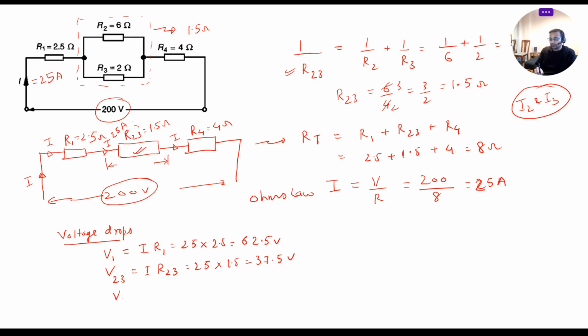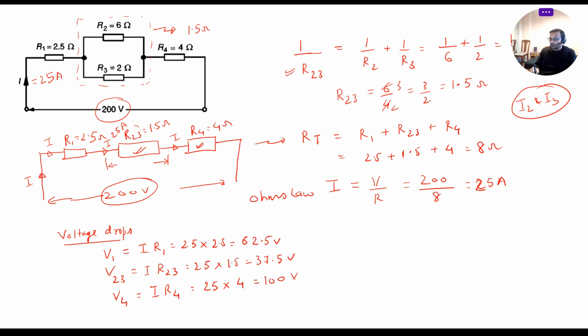And V4, the voltage drop across R4, will be I multiplied by R4, which is 25 multiplied by 4. 25 multiplied by 4 is 100.